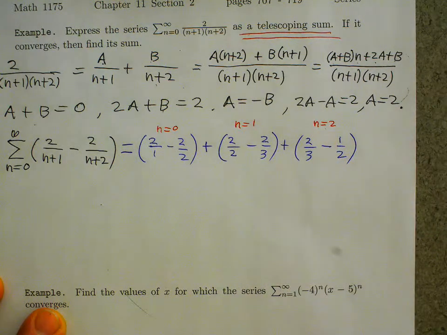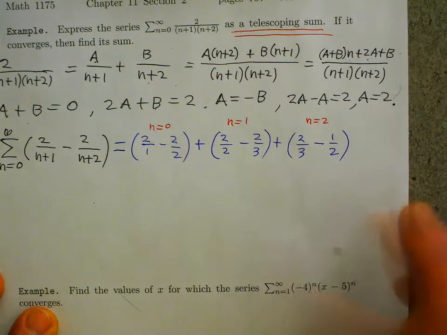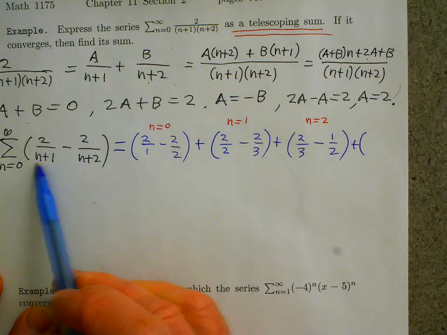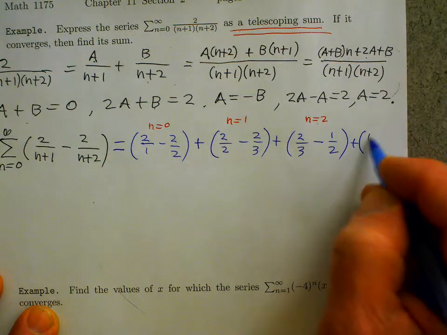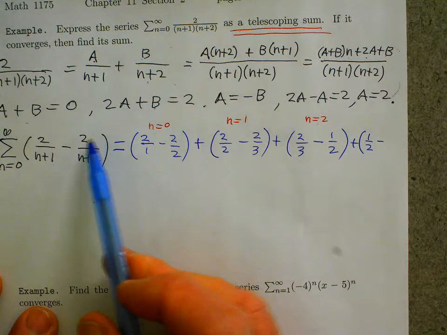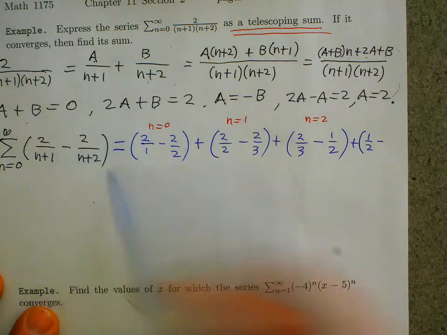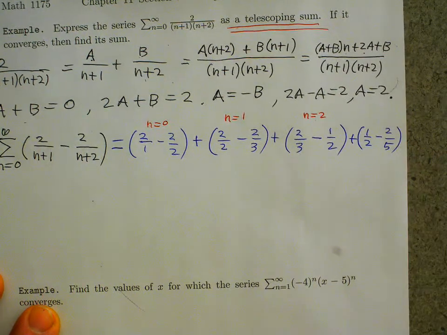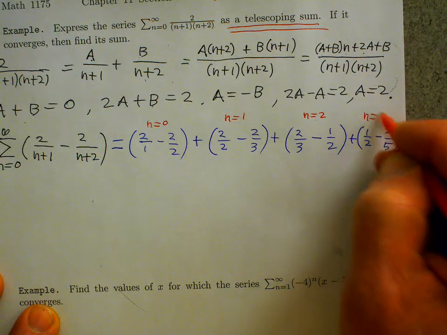Let's just write one more. When n is 3, 2 over 3 plus 1 is 2 over 4, or 1/2. And then minus 2 over 3 plus 2 is minus 2/5. So this is the one when n equals 3.